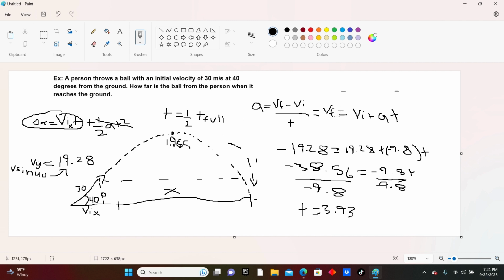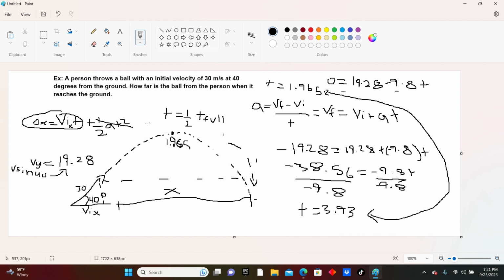So we could have used 0 equals vi, which is 19.28, minus 9.8 t. You could have found the halfway time, t equals 1.965, and then just multiplied this by 2 to get the time for the full trajectory, for the ball to land, which gives you this value right here.